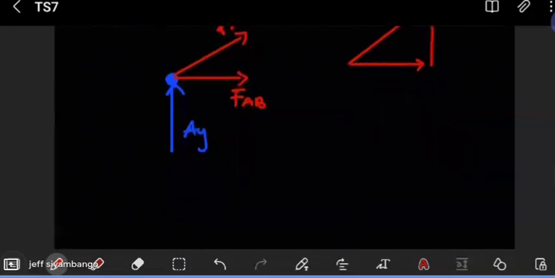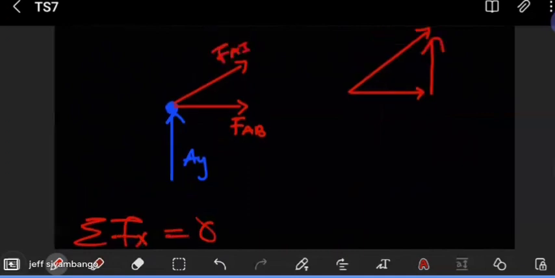So let's do some quick math here. The AY is already in the vertical. We know FAI will have two components. One is going to be horizontal, one is going to be vertical. So let's start by summing forces in the x equates to 0. We need to express AI in component form.